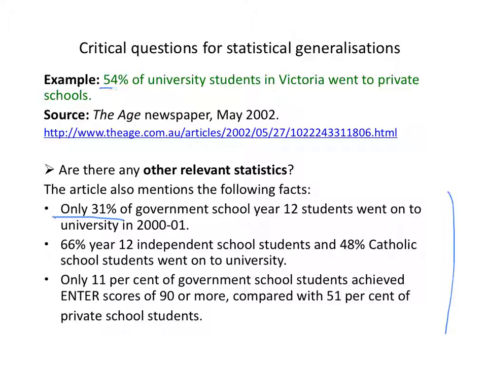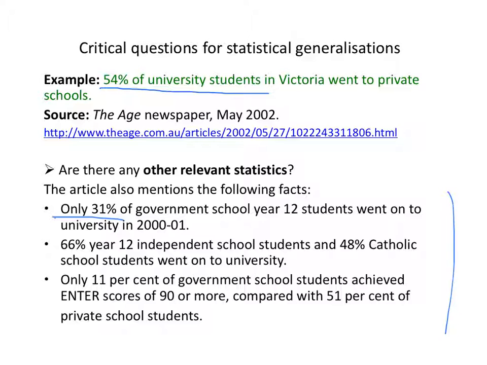This statistic tells us that 54% of all university students in Victoria went to private schools. And from that we can deduce that 46%, the remainder of those university students in Victoria, went to public schools, government schools.